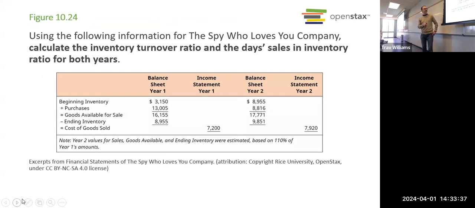That's all we have to do. Then if we're going to do number of days sales in inventory, first we need average daily cost of goods sold. We take cost of goods sold, divide by 365. Once we have that number, we divide that into average inventory.